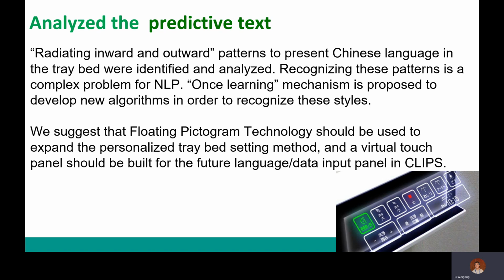We suggest that floating pictogram technology should be used to expand the personalized typewriter setting method. And the virtual touch panel should be built for the first language into the panel, Chinese language information processing system.